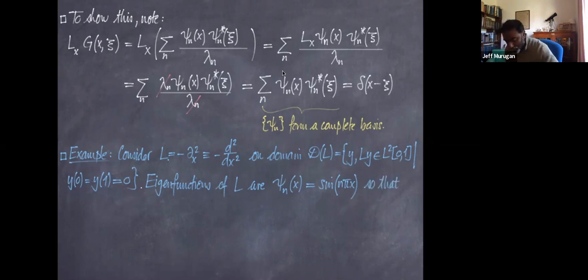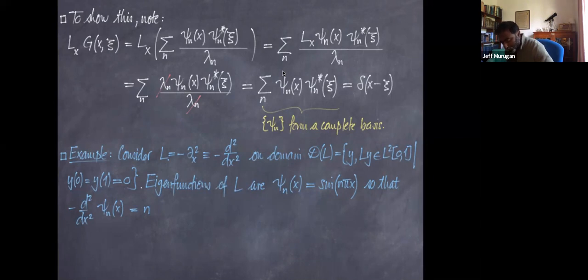So if I do that, we will find that minus d2 by dx squared acting on these psi n of x, every time I differentiate, I pull out an n pi, and I differentiate twice, so I get a minus sign, which cancels off the minus sign in the front of this.